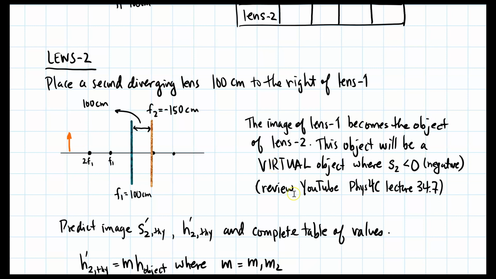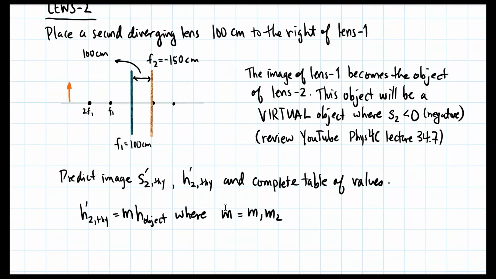So now that I have the object location for lens 2, go predict the image location and the height of the image. And then complete the table up here.